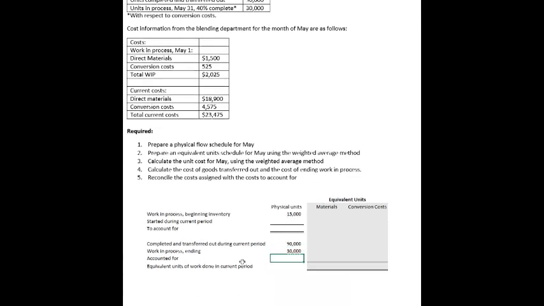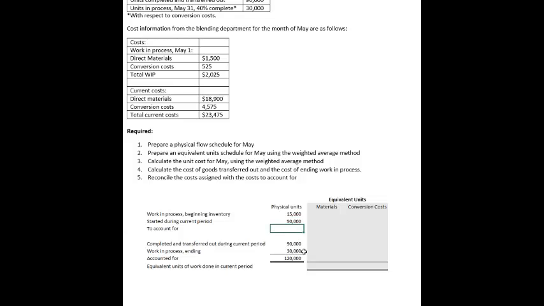So what we can look at here is the units to account for that are either completely done or sitting in a container at the end of the month of May is 120,000 ounces. Why I started here is because logic would tell you probably want to put 90,000 in here, started and completed during the period.